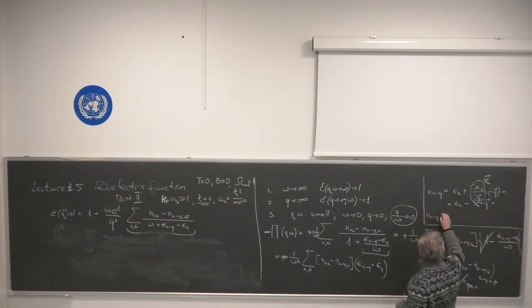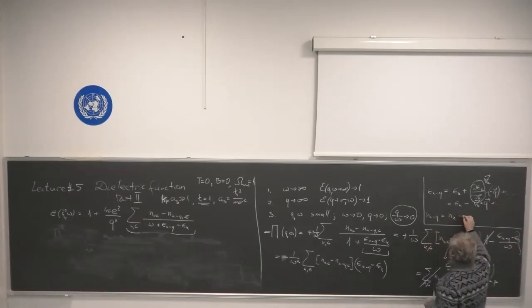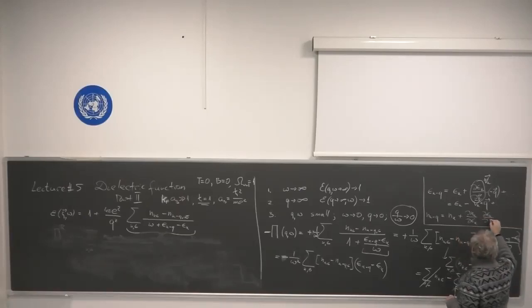So n k minus q is equal to n k plus d n k over d epsilon k times d epsilon k over d k times minus q.